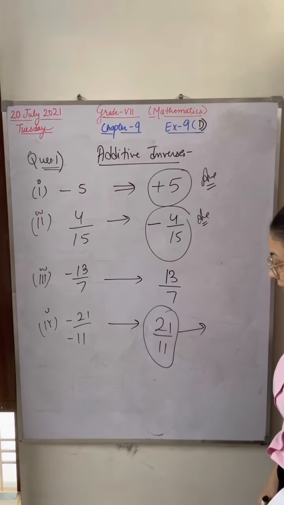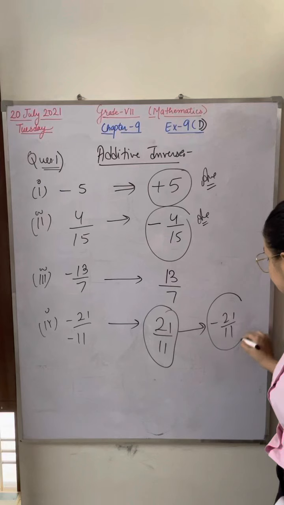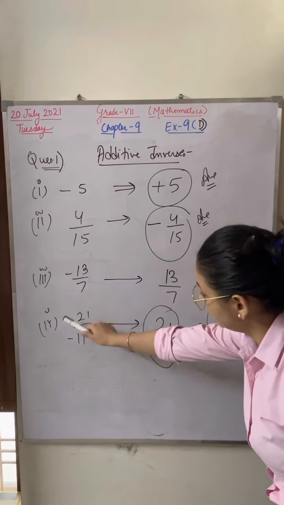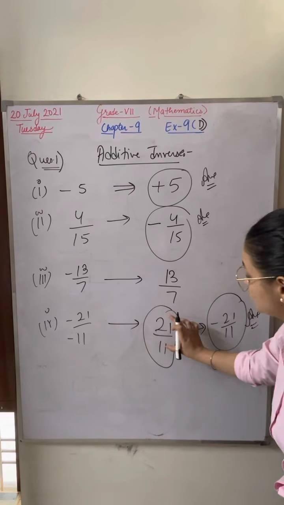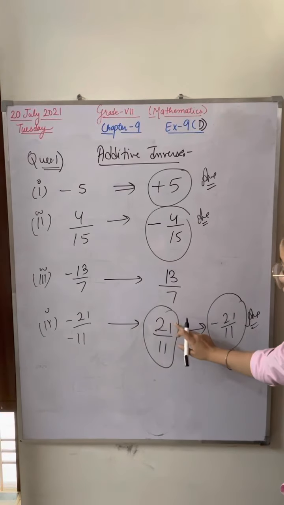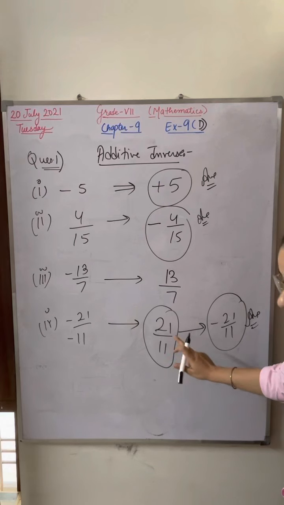That will be minus 21 upon 11. This is your answer. If both are negative, that means your question is positive. Now the additive inverse of this positive term will be the negative term.